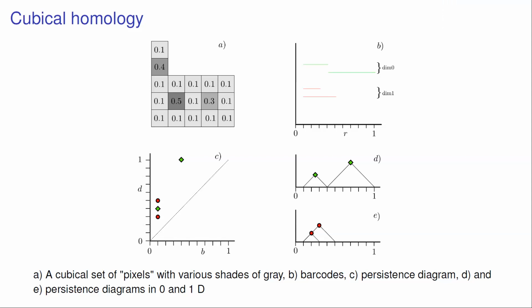At the beginning, our device sees only the pixels which have a low shade of gray, and then it starts to see also this pixel, and then this pixel, and this pixel. So you see that it changes from a structure which consists of two pieces with two holes, these bright squares. Then one hole is filled. Then it becomes simply connected, and then everything is seen, so this becomes a structure without holes.